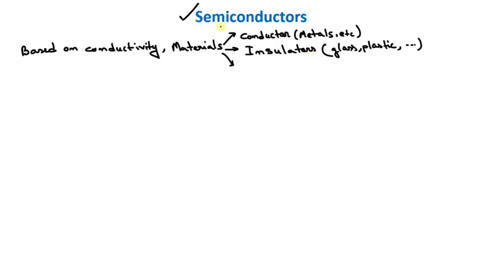And from the name semiconductor, you can understand its conductivity is in between them. So the third category is the semiconductor.